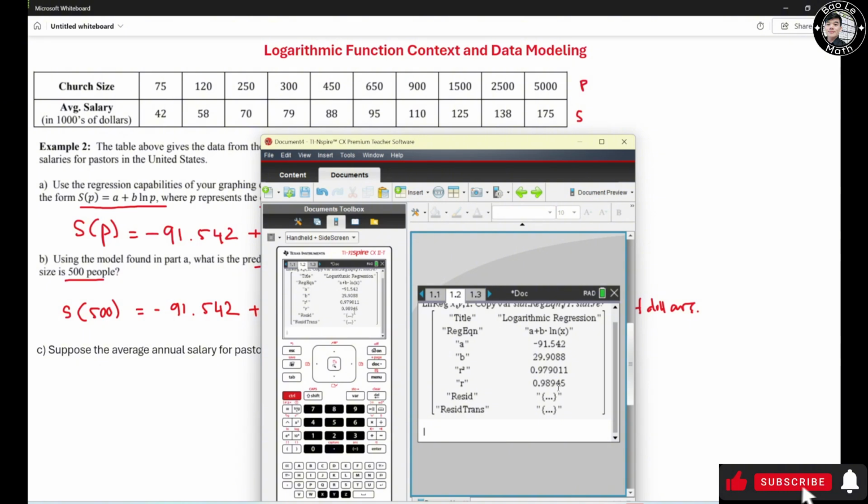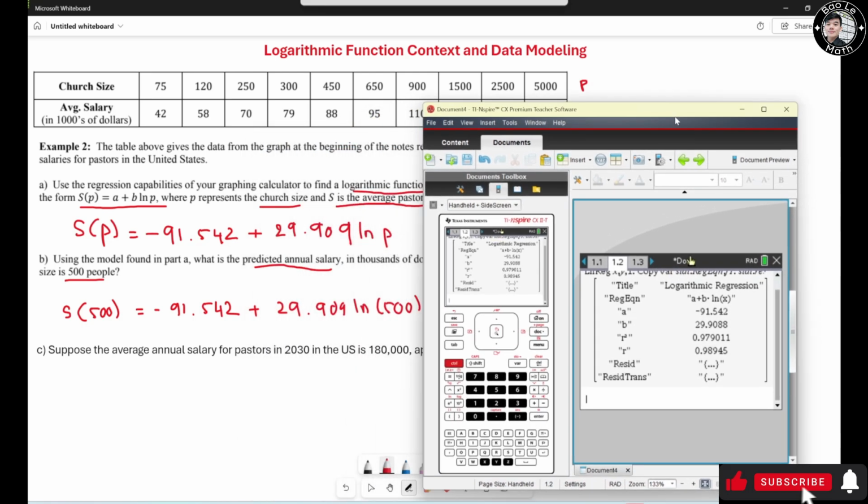And then here's the information about the table, right? A equals negative 91.542, which is right here. And B is going to be 29.9088, right? I'll round it up.